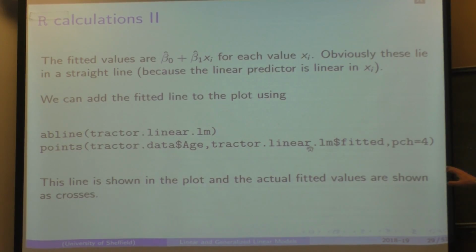So this just changes the appearance of the points which we're plotting. Okay, so the line we get using that is shown in the plot that I showed you a couple of slides back.